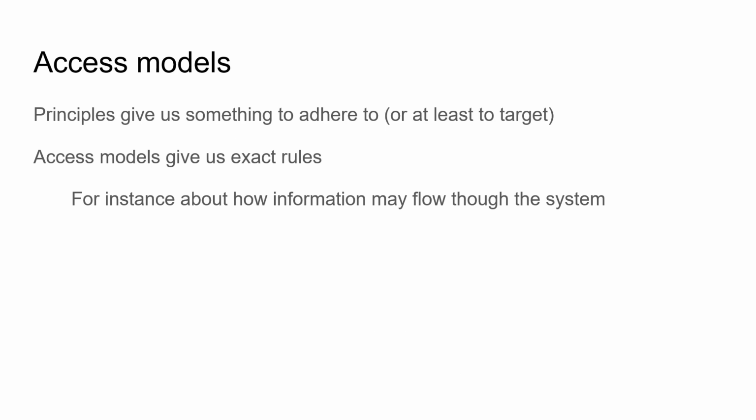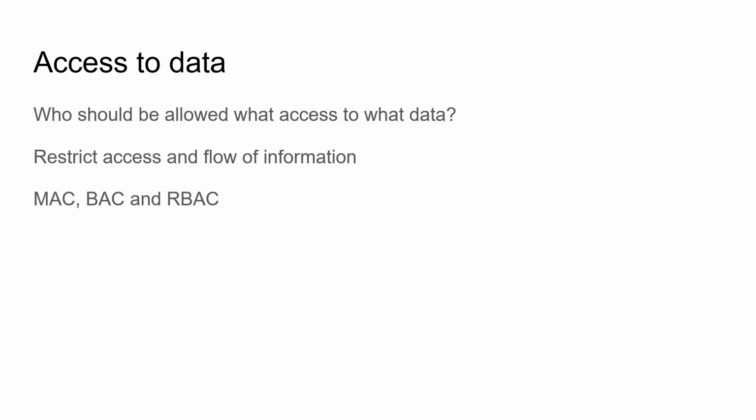Now, besides the principles that help guide or check the designs, we also have access models that give us rules about, for instance, how information may flow through a system, and what should be allowed in terms of access to data.